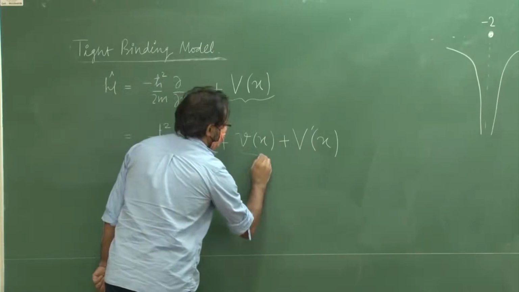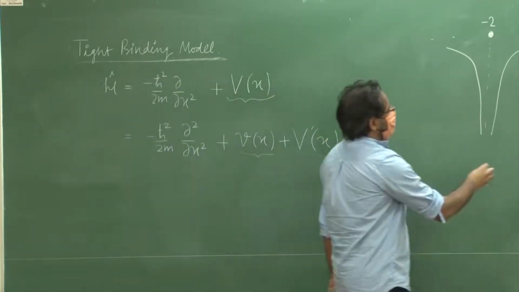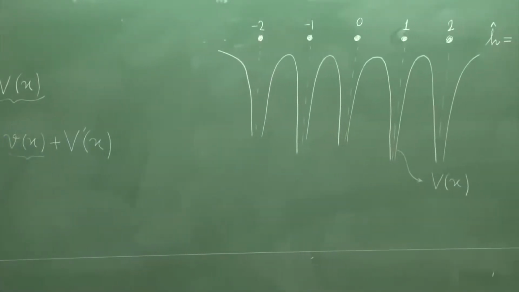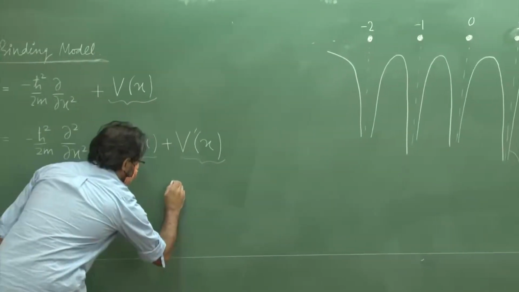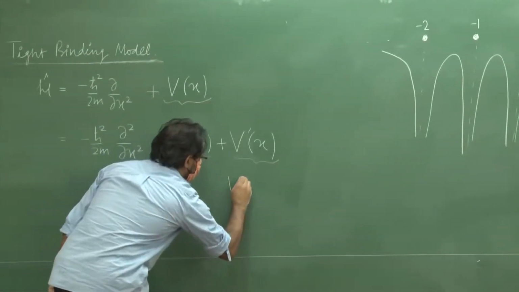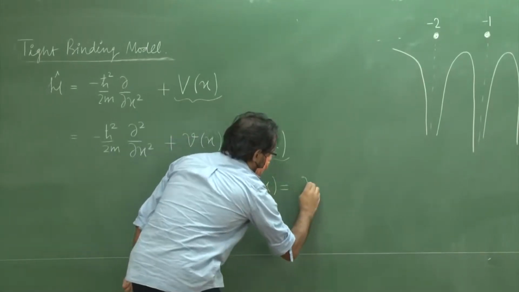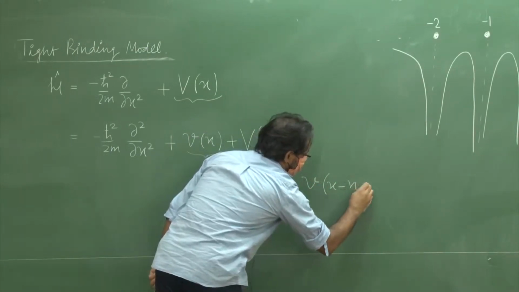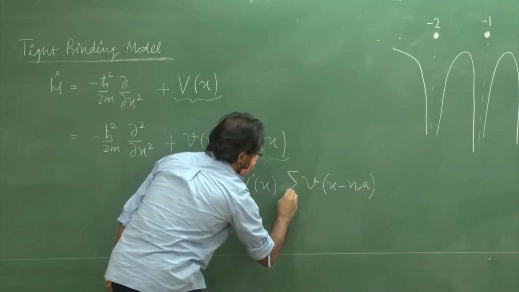This is the atomic potential for the atom at the 0th site, let's say. And then what remains is V prime x.